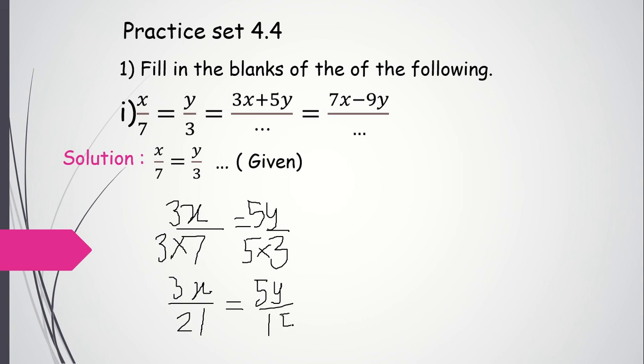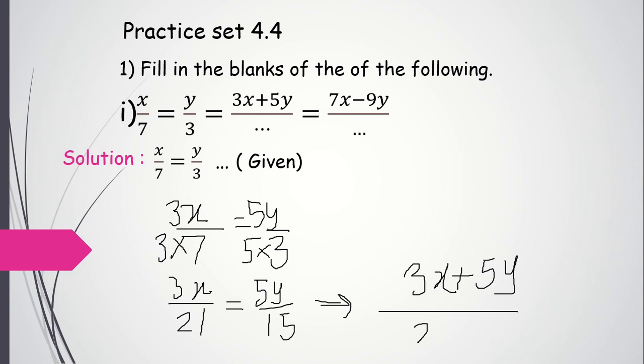Now I will say, therefore, by theorem on equal ratios, what I can do? I can add these two numerators and I can add these two denominators. So by theorem on equal ratios, I will get 3x plus 5y upon 21 plus 15.